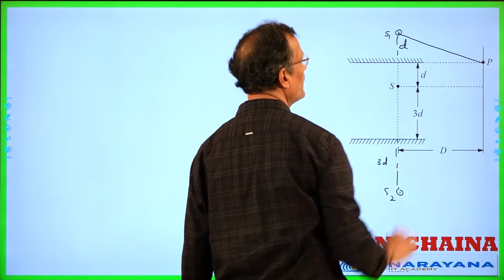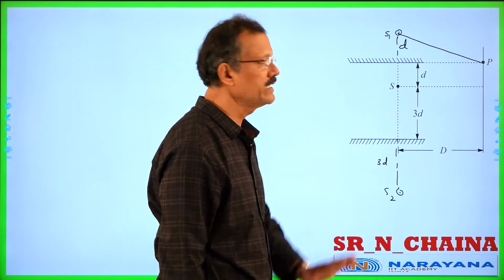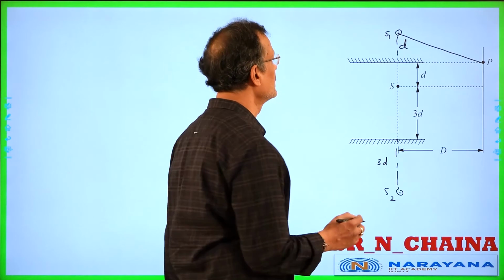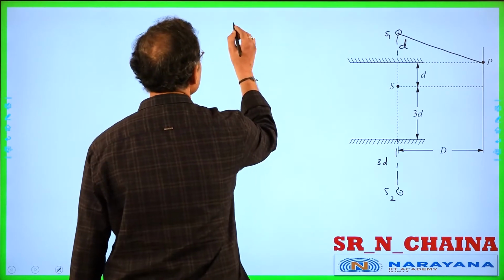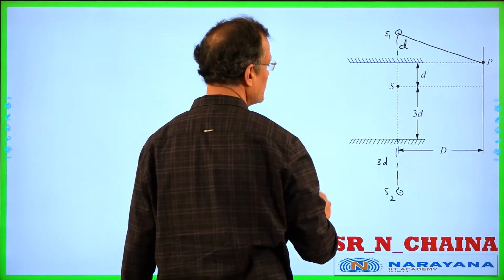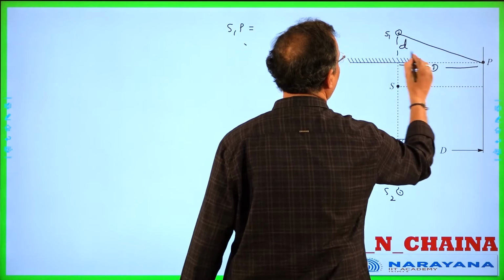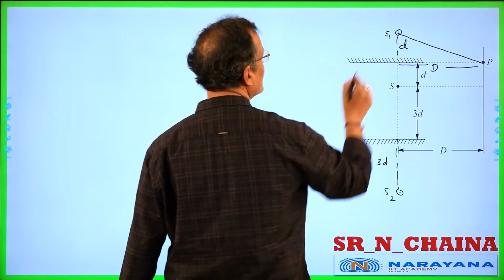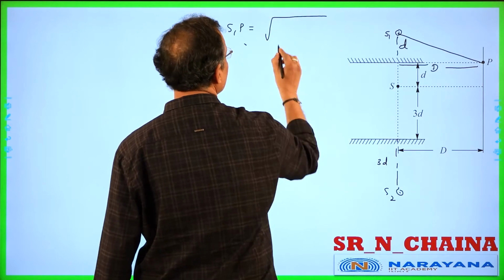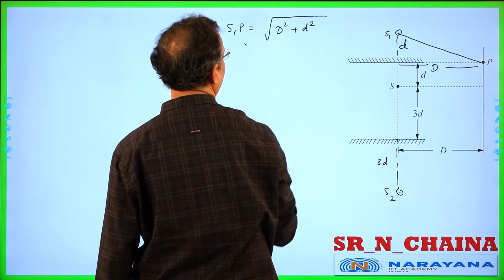So, path will be S1P. And no other medium is there, so optical path will be equal to geometric path. Let us calculate how much it is. S1P equals, this distance they have given you D, and this is d. So, this distance will be equal to under root D squared plus d squared.